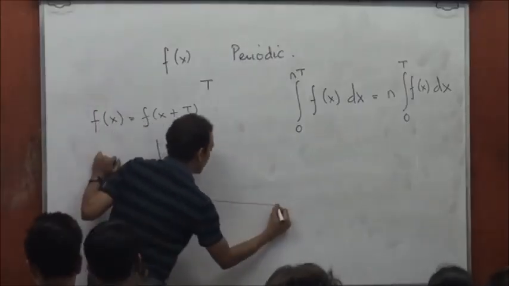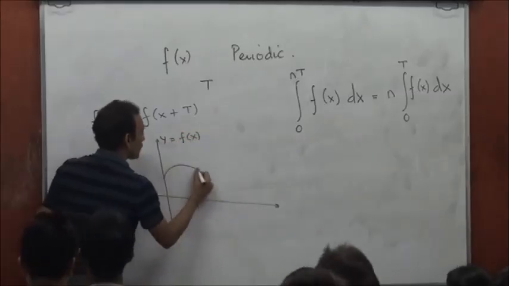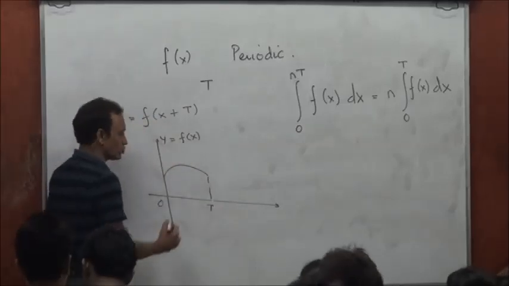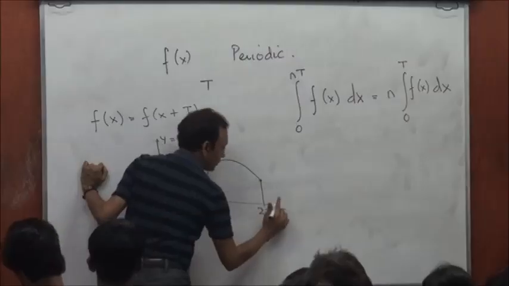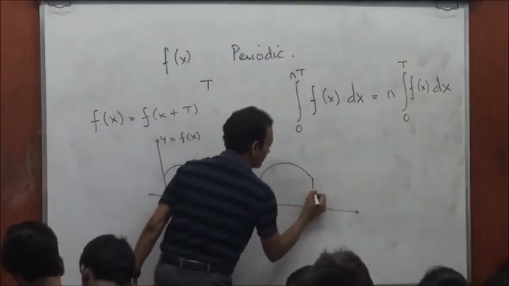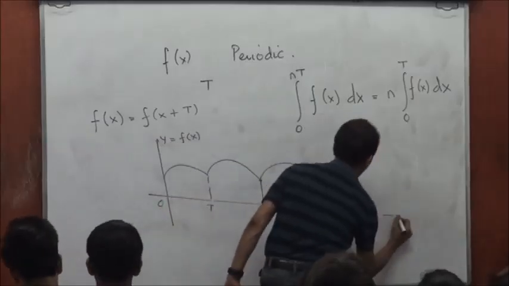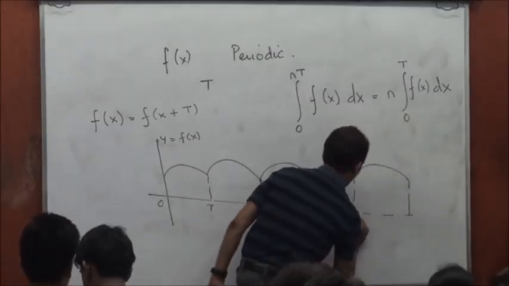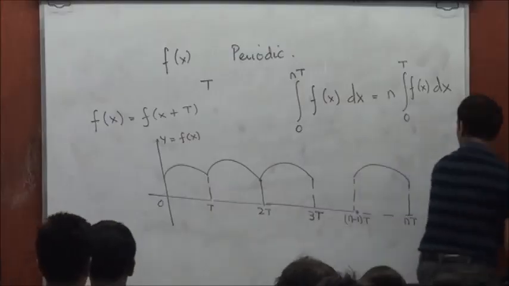Realize that the graph of f(x) over one period is like this, 0 to T, and then T to 2T it will be identical, and then 2T to 3T it will be the same, going this way, and then eventually (n minus 1)T to nT will be like this.